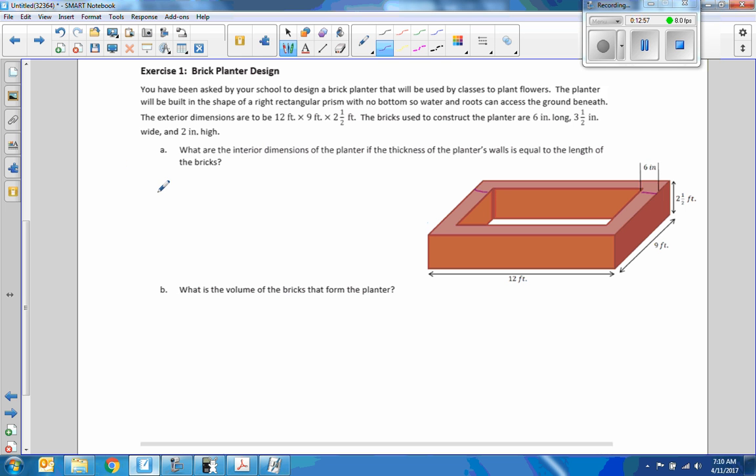So now we're down to the interior length of 11 feet. So I'll just label it here. Yellow will work in here. There we go. So now we're down to 11 feet inside because we subtracted 6 inches from this piece and this piece, totaling 1 foot.